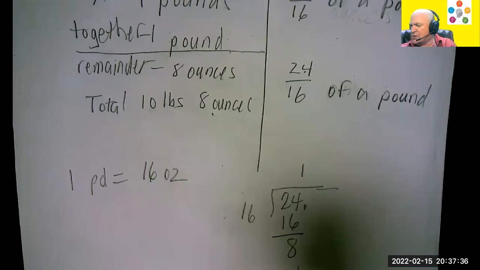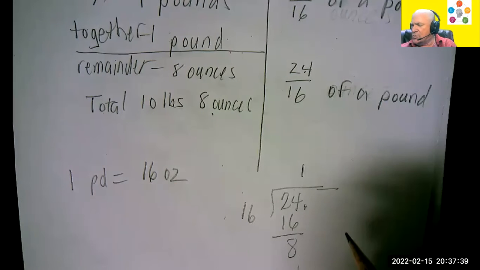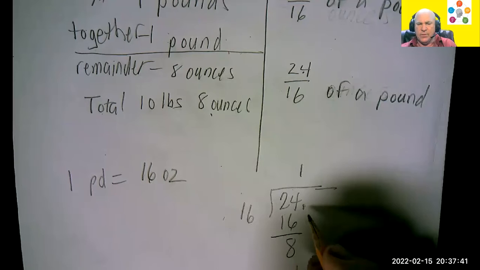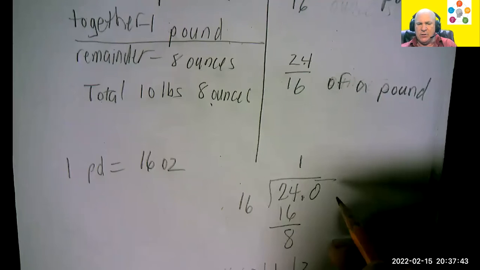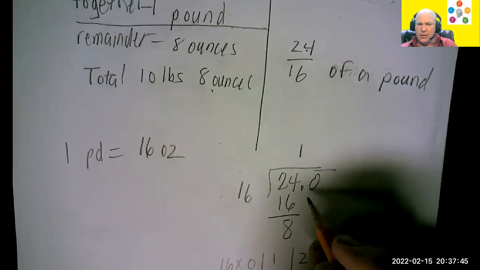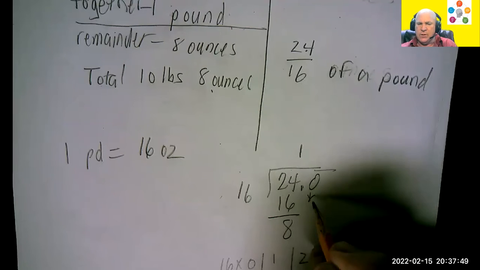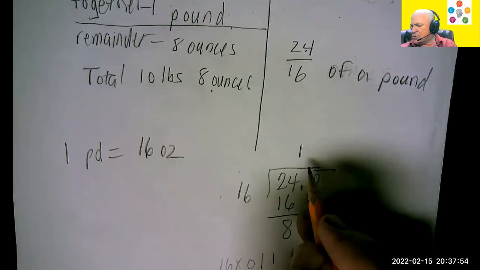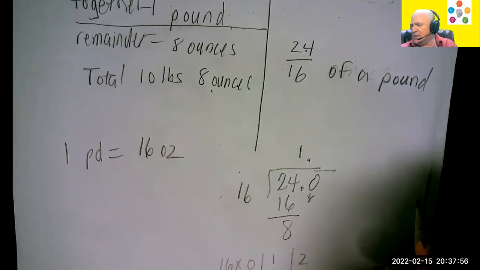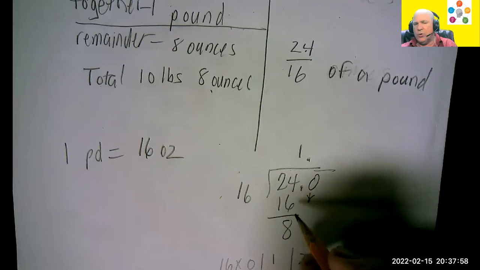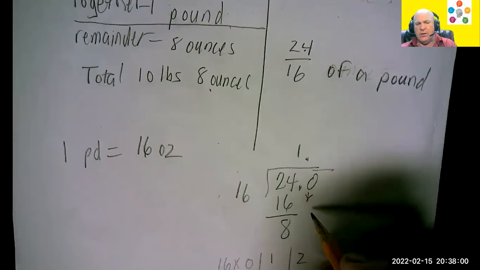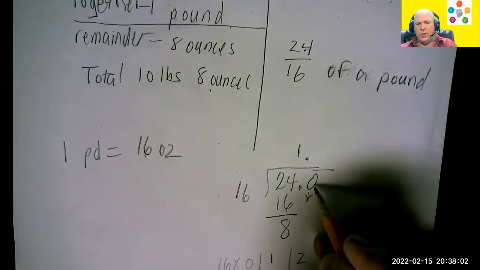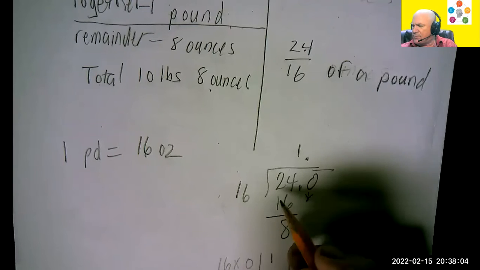You would just continue the division, add a 0. So since my remainder is 8, to get a whole number and decimal response to the question, you would take the new number that you made, 16, we would drop the 0.